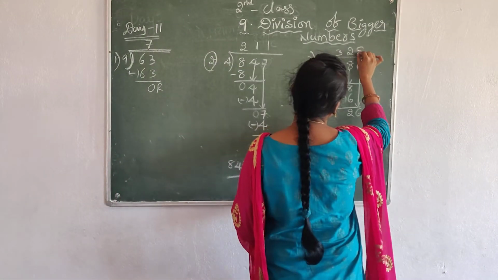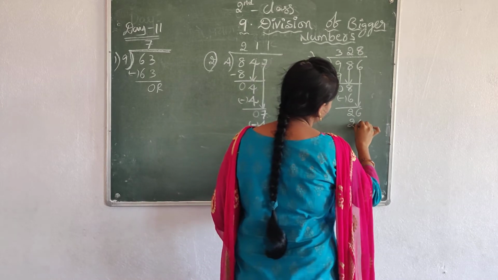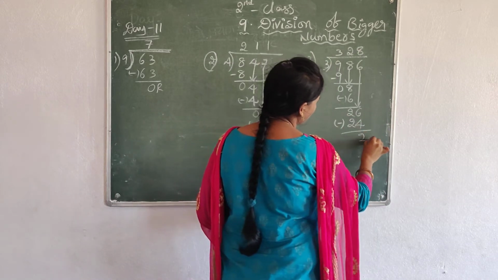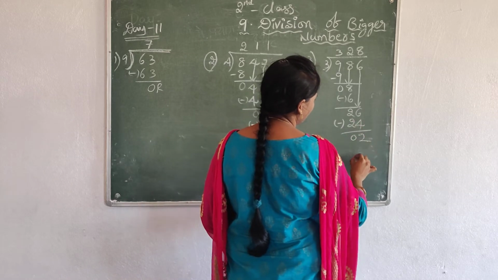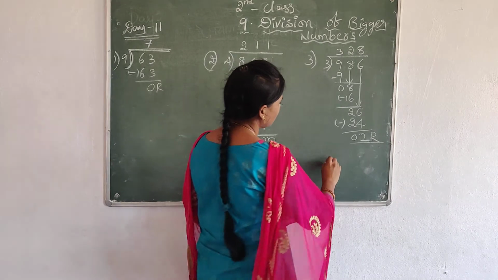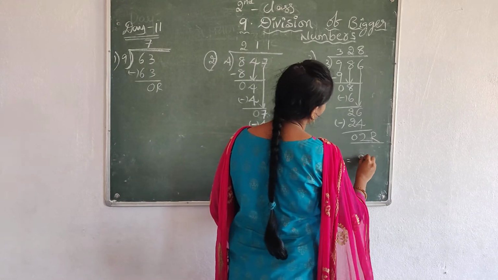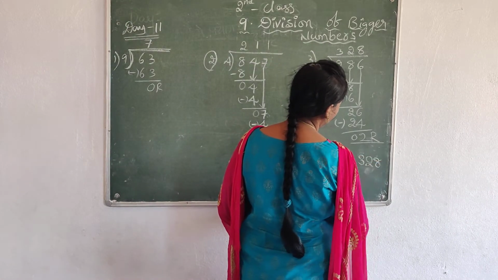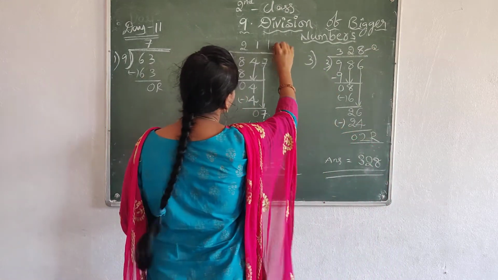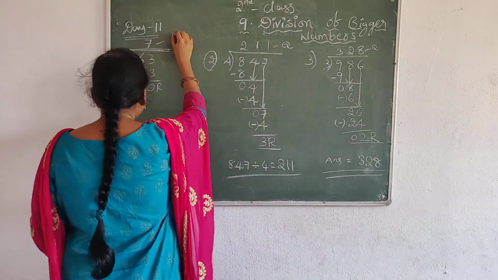So how many times? 3 8s are 24. Let's subtract these 2 numbers, 26 and 24. So the remainder is 2. The answer is 328. This is the quotient.